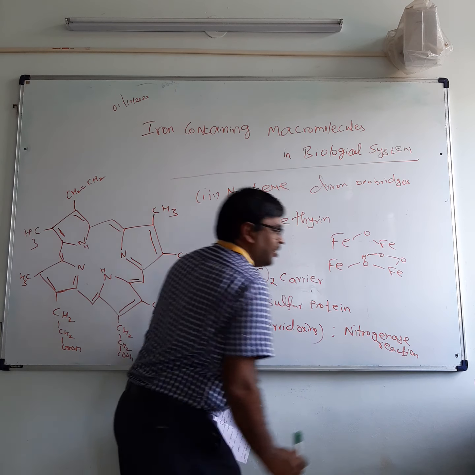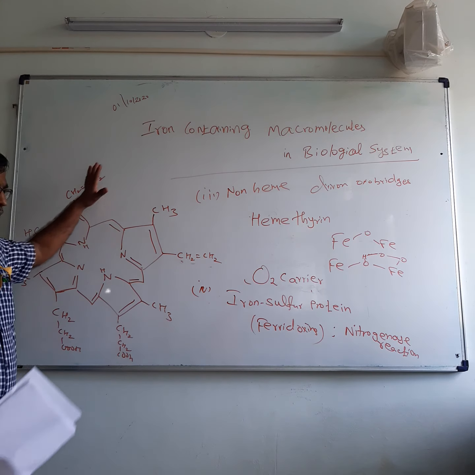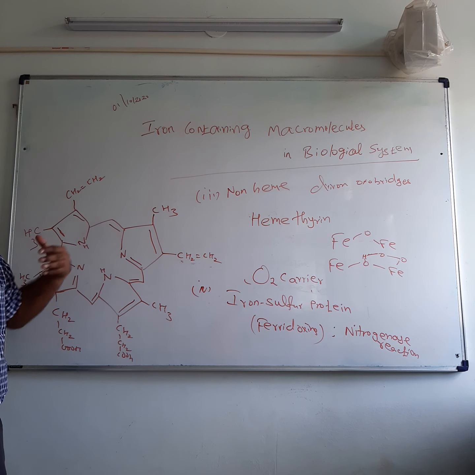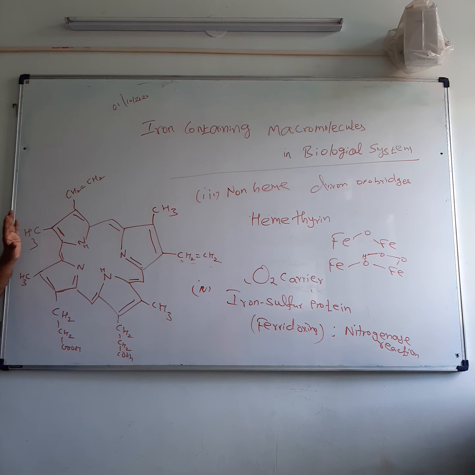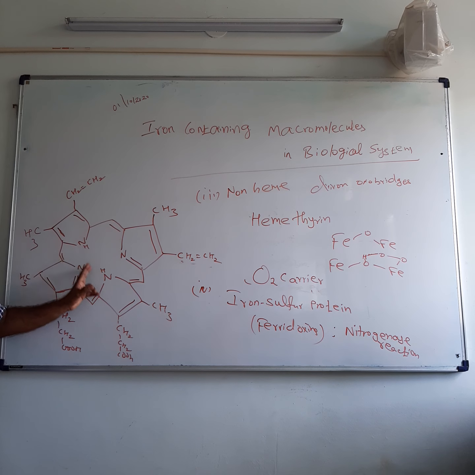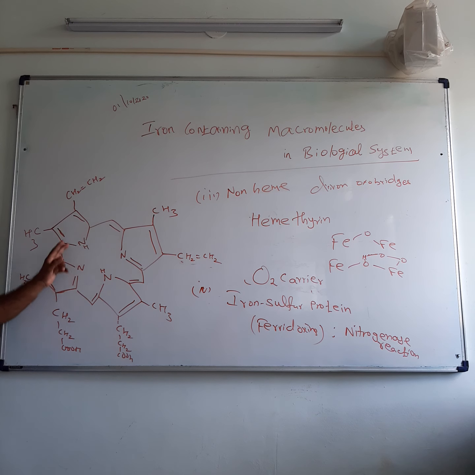So these are the 4 different macromolecules in which iron is present in the form of heme and non-heme proteins. One is the heme proteins, the protoporphyrin types. This is the protoporphyrin ligand, where the 2 pyrrole units have protons, which is why it is called protoporphyrin, and iron coordinates after the hydrogens have been removed.